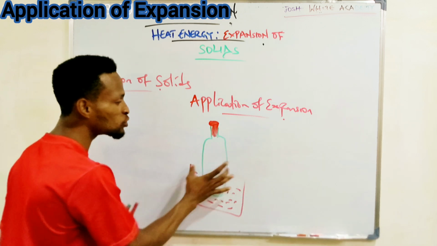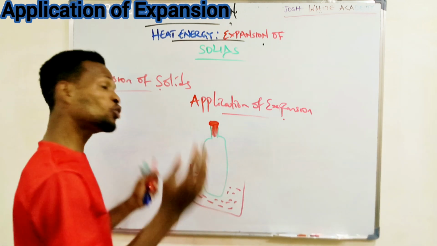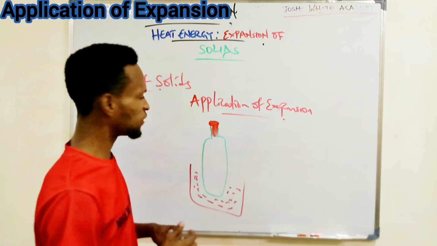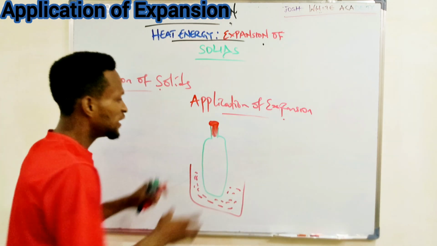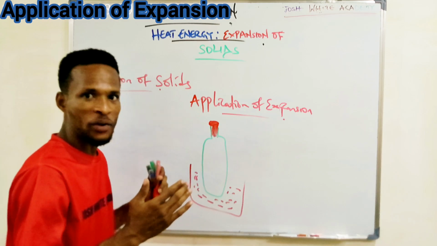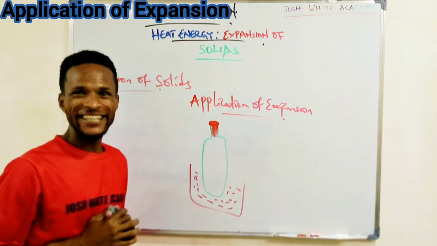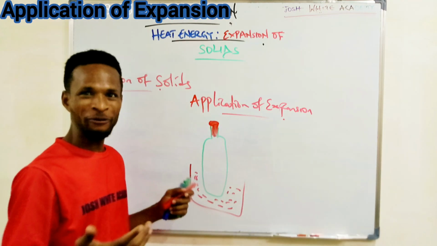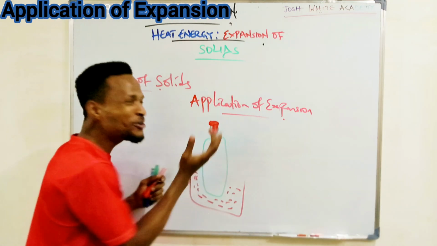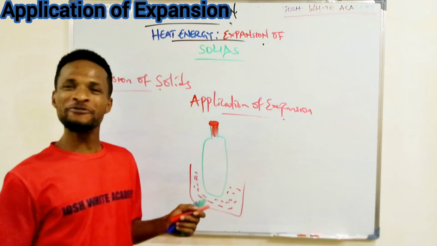So what begins to happen to this bottle, even though glass is not a very good conductor of heat, the bottle begins to expand, and as it expands without the cork expanding, what then happens? It becomes loosened and it is then easily removed.